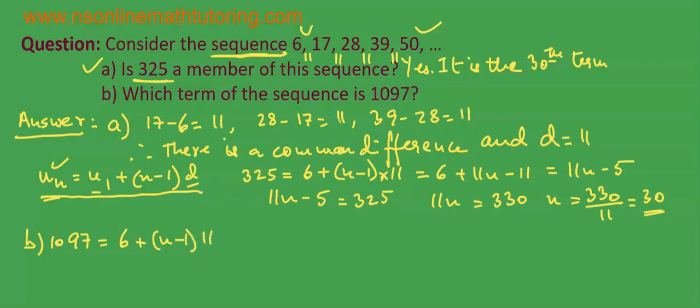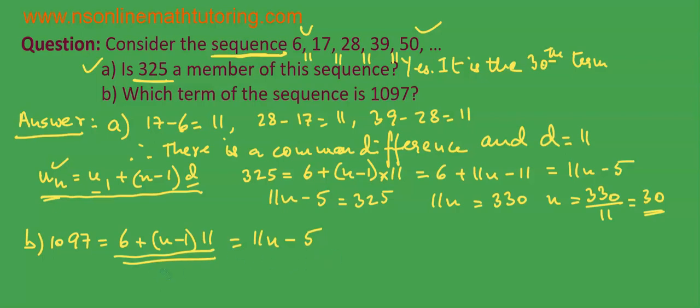Since this is the same series, obviously the common difference and the first term will be the same. And this part we have simplified. This is equal to 11n minus 5. Okay. So 1097 is equal to 11n minus 5.